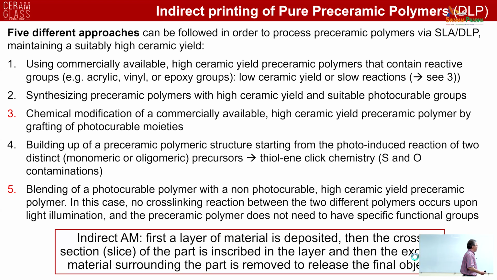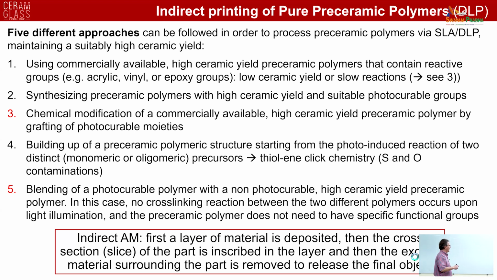And we were actually the first ones to demonstrate that you can use photocuring to generate structures from a preceramic polymer using additive manufacturing. And we proposed 2 different ways. One is the chemical modification of a commercially available high ceramic yield preceramic polymer that is non-photocurable.